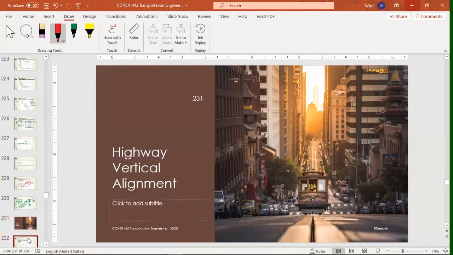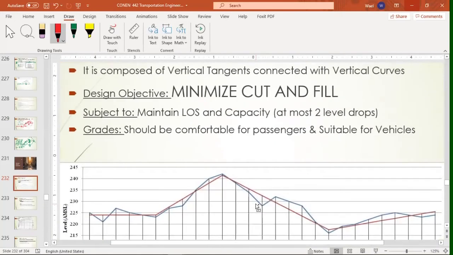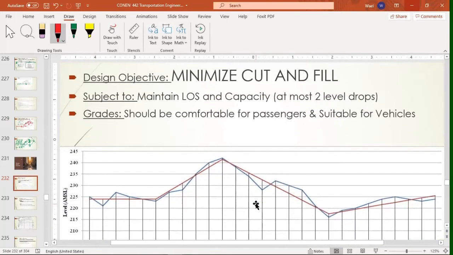Again, land is not flat. Okay, so if we take a cross section for the alignment, we will find that we have irregular land, irregular profile. So basically, we try to approximate this profile and connect it with straight lines.